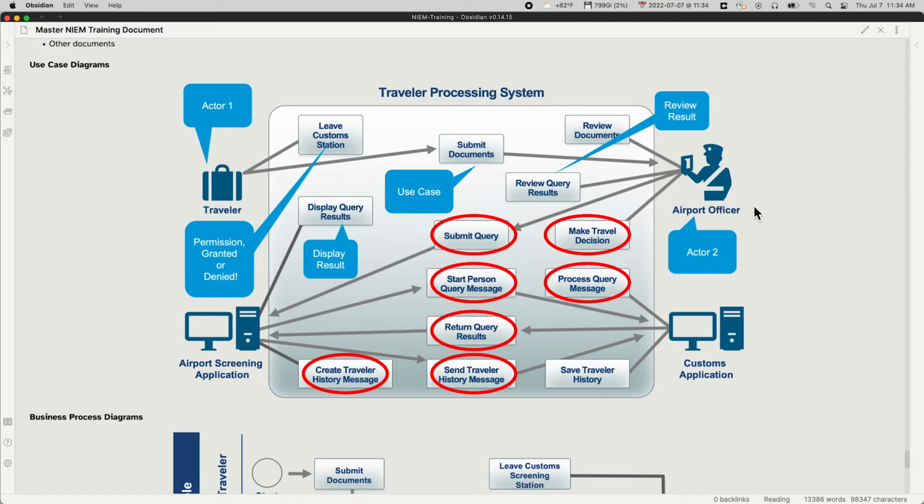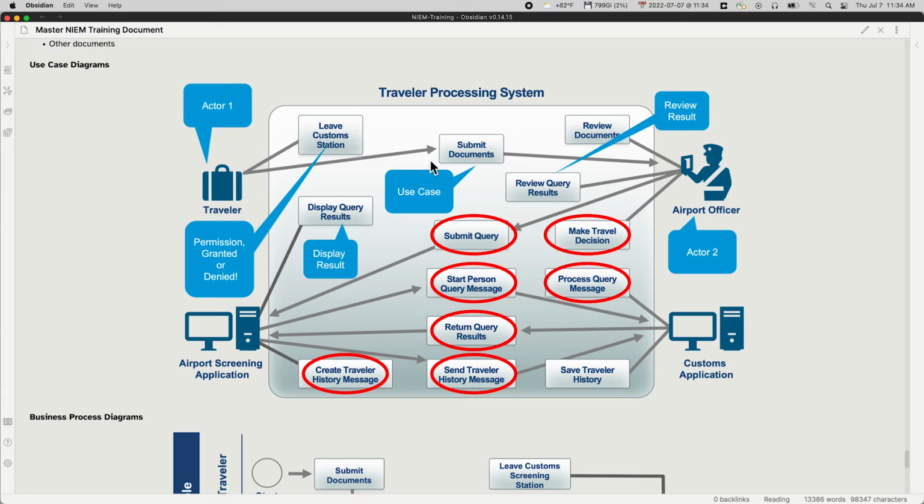Additionally, the blue callouts are not part of the diagram. The red circles are not part of the diagram. Those are all call-outs. But the bottom line here is you have a bunch of actors. You have a traveler in one corner and an airport officer, and it's basically a bird's eye view, high-level view of what's going on here.